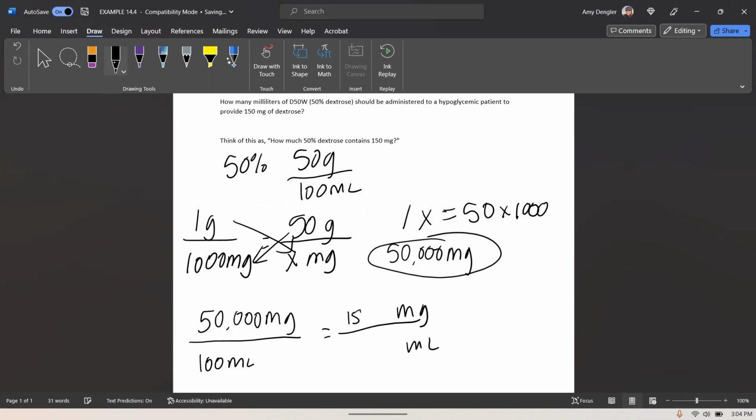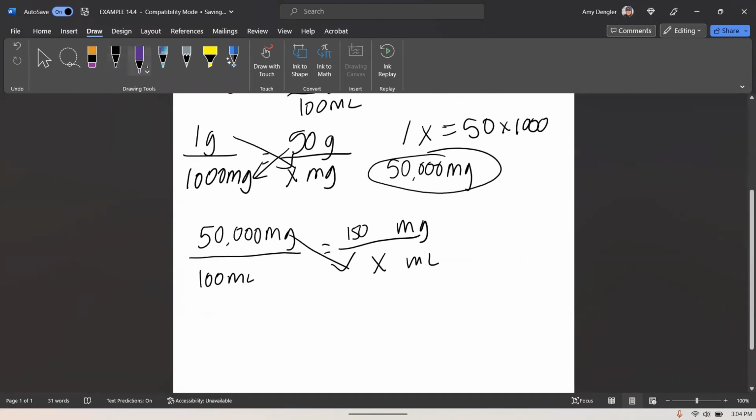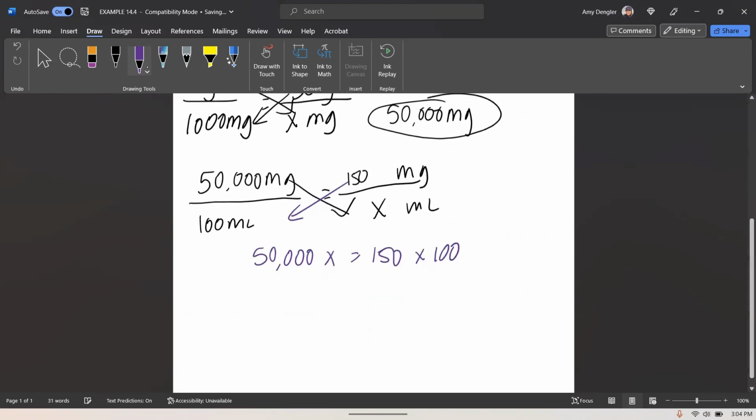And then we can plug in that 150 milligrams to find out how many ml of dextrose we need to provide 150 milligrams. So for this one, we're gonna do 50,000 x is equal to 150 times 100.